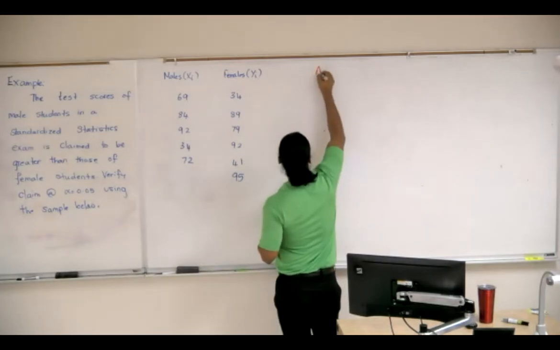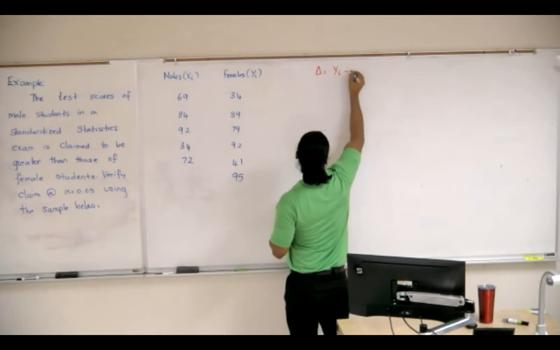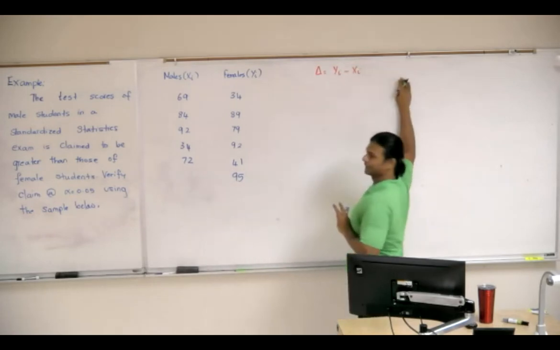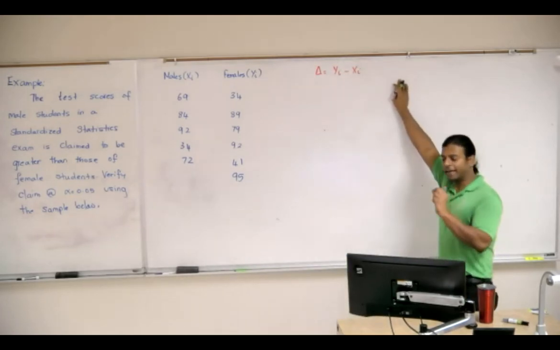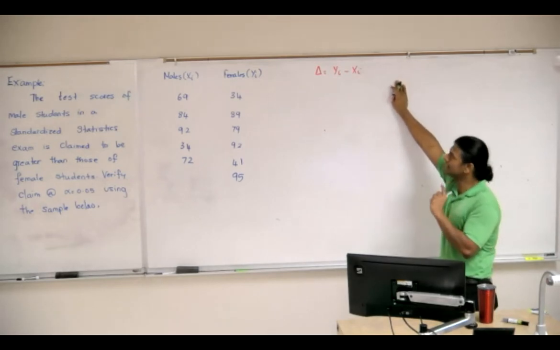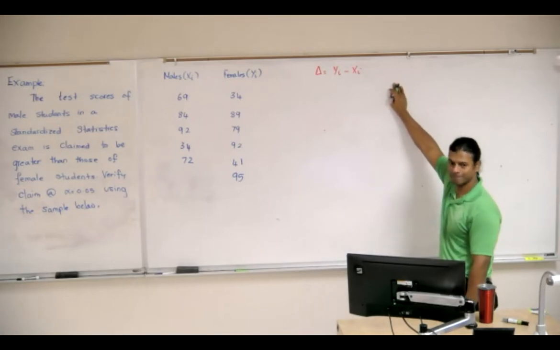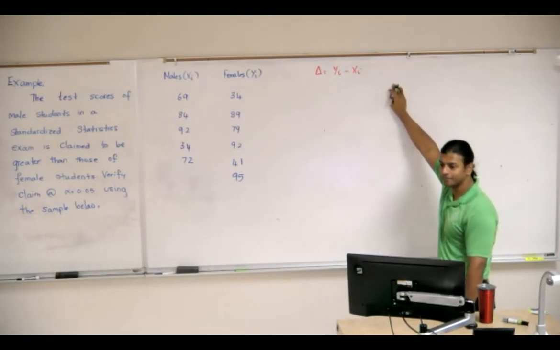So the way we define delta is yi minus xi, right? If we want to find an effect, do we want delta to be more negative or more positive? More negative, Matthias says more negative.